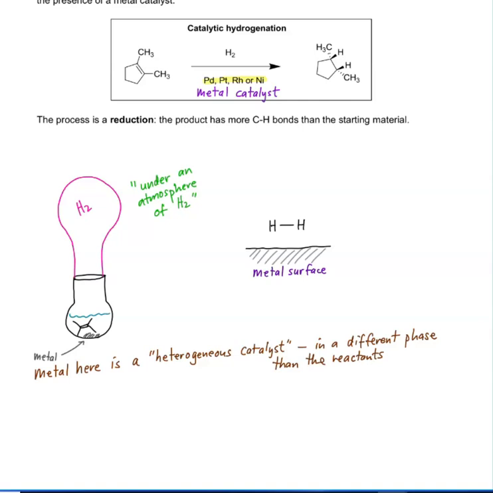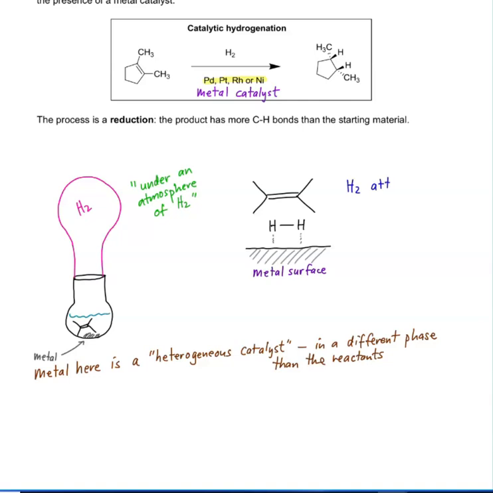And there are different ways to show this. So they become associated with the metal surface, and that kind of holds them in position. At that point, an alkene can approach this, and then the hydrogens are transferred to the same face of the alkene.